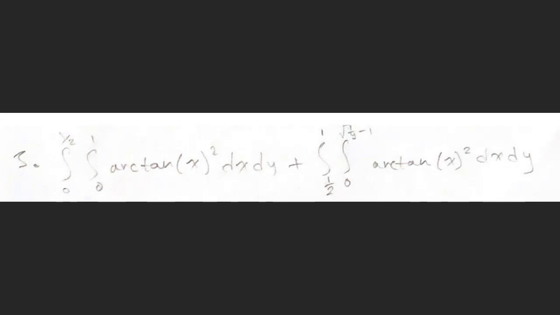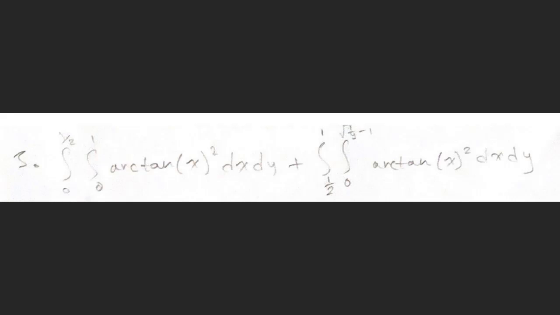So let's draw the region of integration. The first integral was dx dy. So the y bounds are from 0 to 1/2, and the x bounds are from 0 to 1. So that's a rectangle.